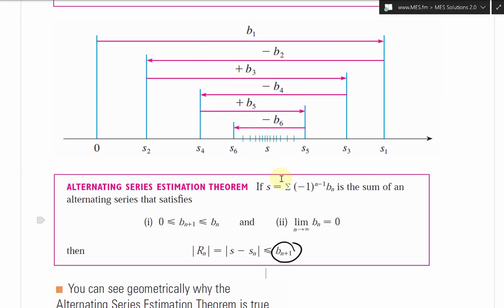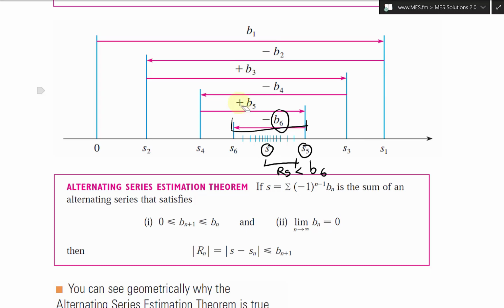In other words, if we had S5 there, and the actual sum is here, then this is the remainder R5, and it's less than the next one, which is b6, and this is positive. It's less than that because this one is much bigger, since it goes all the way across, past S1.